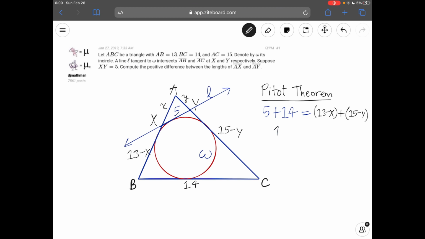And that's just 19 on the left, equal to 28 minus x plus y on the right side. And that gives us x plus y equals 9.